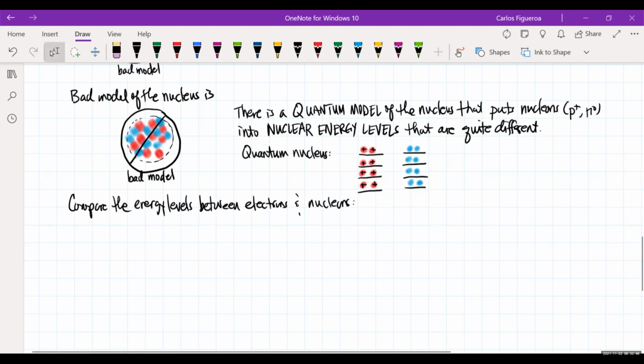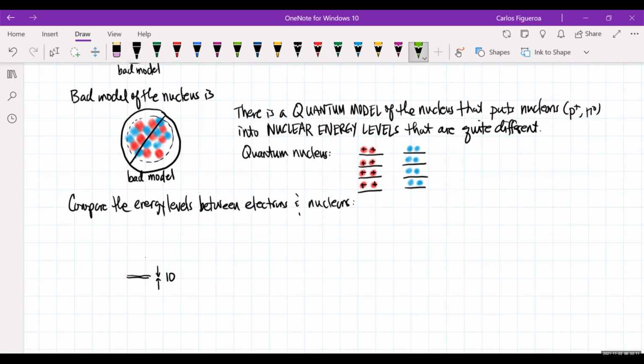Well, what you find here is that the electron has an energy level that is really, really tiny. If I look at this thing, the spacing is a number called 10 electron volts. So it's by a factor of 1.